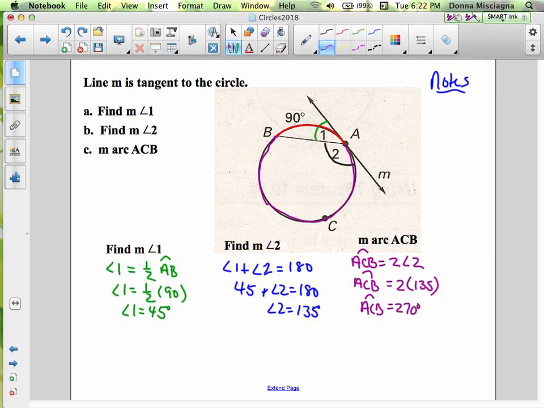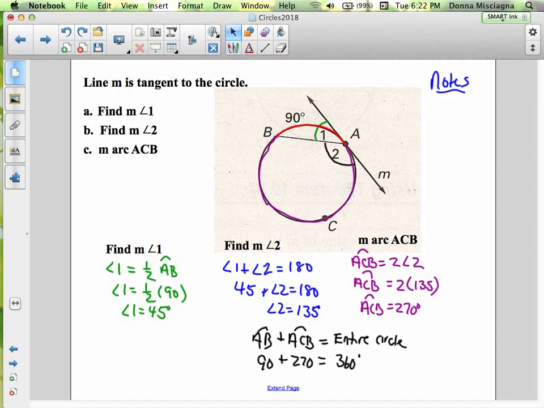Now, does that make sense with what we were given for arc AB? Together, arc AB plus arc ACB should equal 360 degrees, an entire circle. Let's check: arc AB was 90, arc ACB was 270, and indeed that equals 360 degrees. So that checks out.